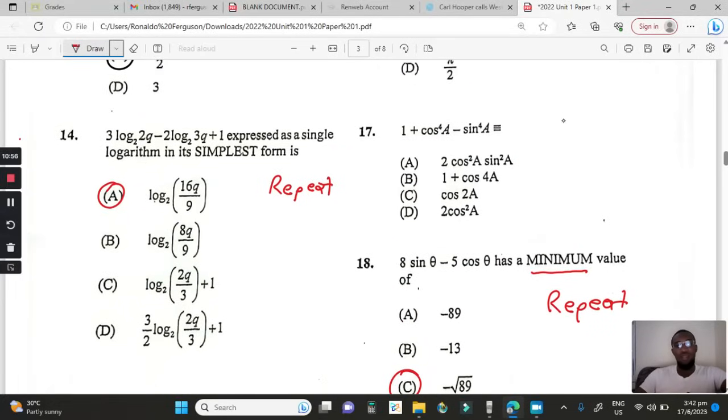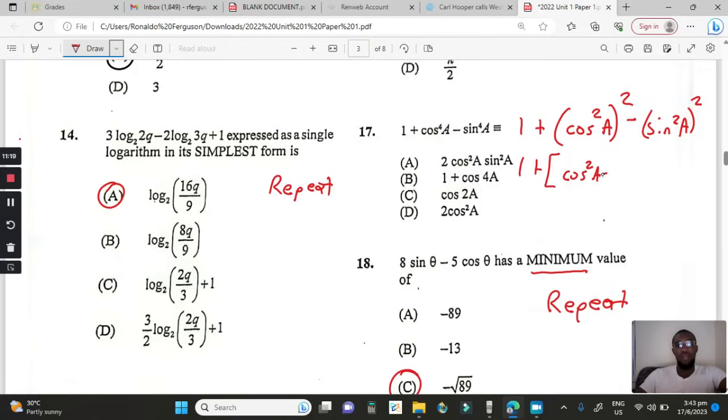Number 17, I know this is a repeat, but I can't remember it, so we'll work it. Cos to the fourth power is cos square minus sine to the fourth power is sine square. So this is now 1 plus, in bracket, remember a square minus b square is the difference of two squares.